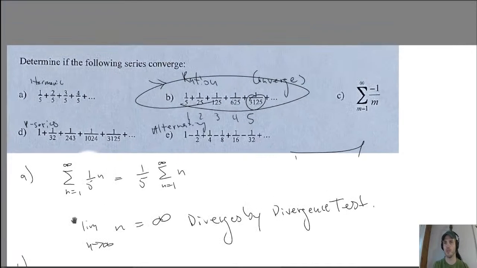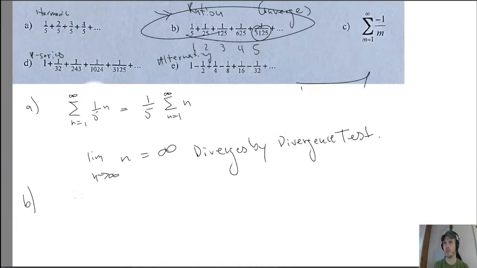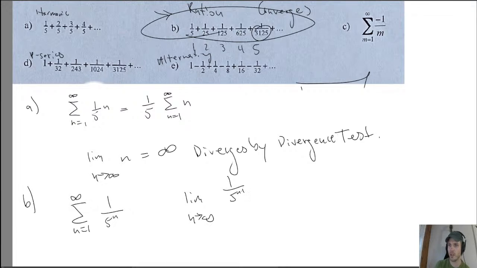Okay, B. So here we have the sum from n equals 1 to infinity of 1 over 5 to the n. Can we use ratio? Yeah. So we'll take the limit as n approaches infinity of 1 over 5 to the n plus 1 over 1 over 5 to the n, which is equal to 5 to the n over 5 to the n plus 1.